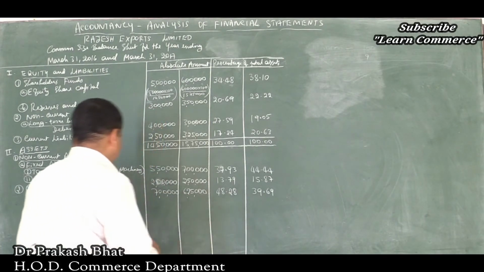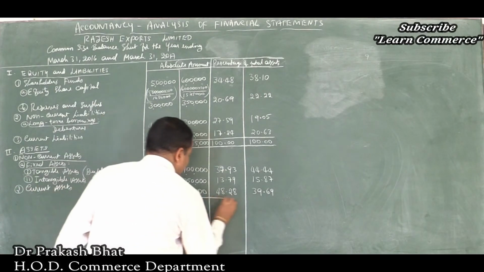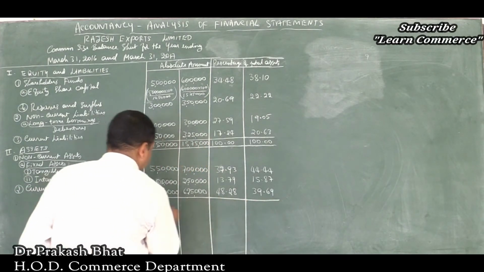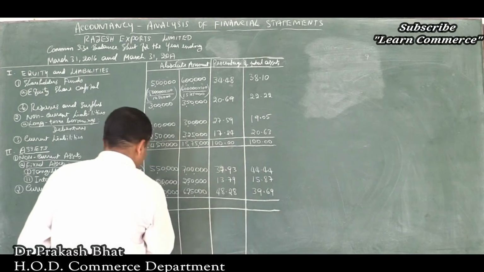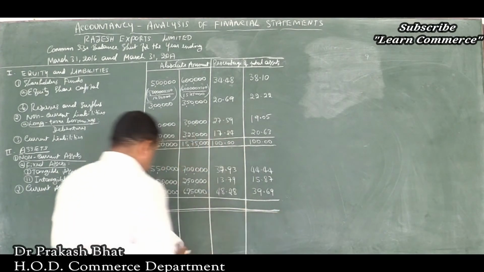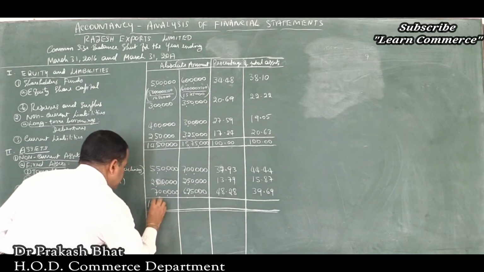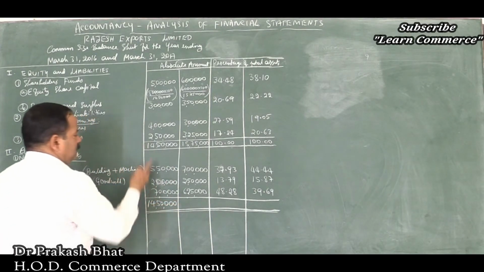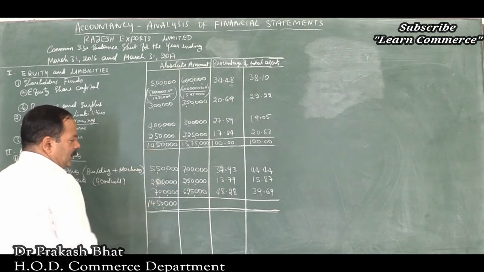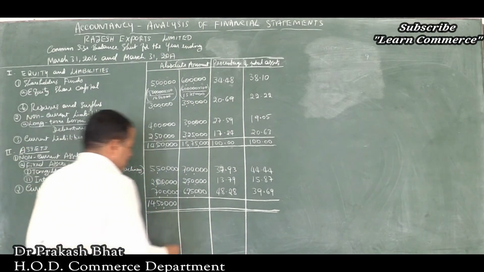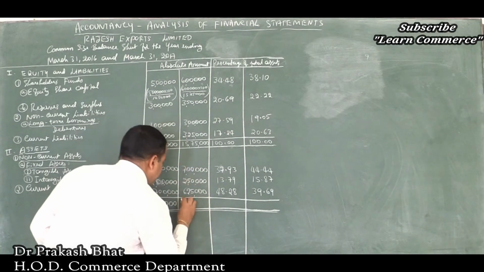Yes. Now take the total. Write the total. How much is it? Same total you will get, 14,50,000, because the total assets must agree with the total of liabilities. Then 15,75,000.